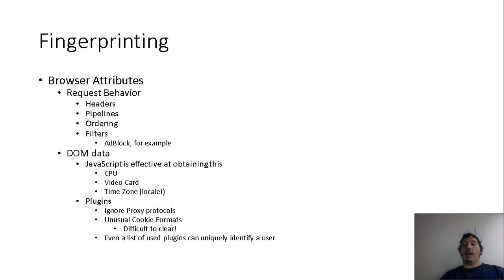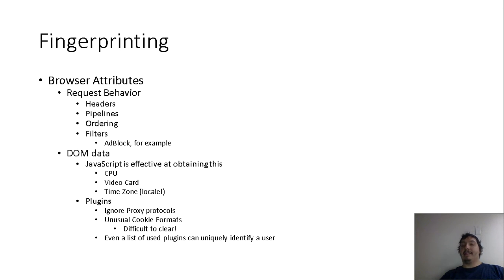And plugins have some other vulnerabilities as well, because plugins have a strong tendency to ignore proxy protocols. And Tor browser and some of the modifications that Tor developers use for their browser involve a lot of proxy information, a lot of proxies to circumvent state protocols.